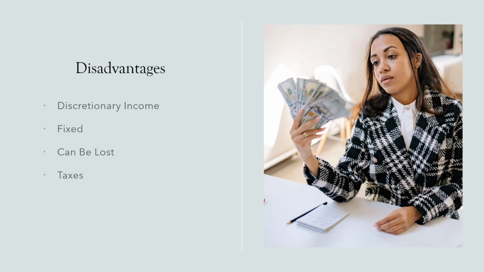And the first disadvantage is you have to have income. What I mean by that is, if you remember back when we talked about earned income, we said that one of the advantages is that you can take the money and put it towards the other income streams.